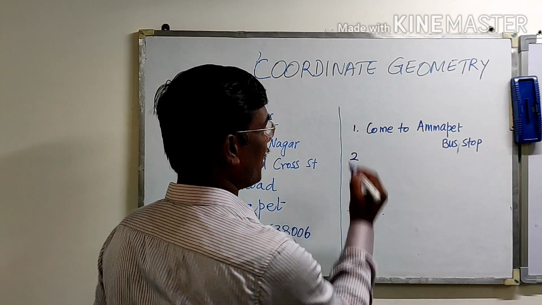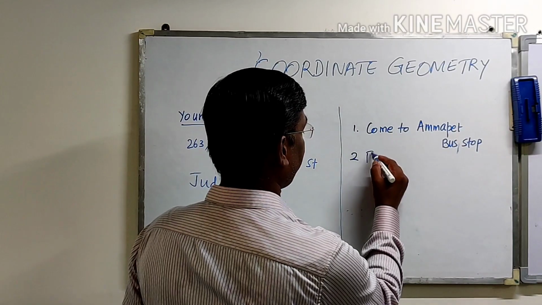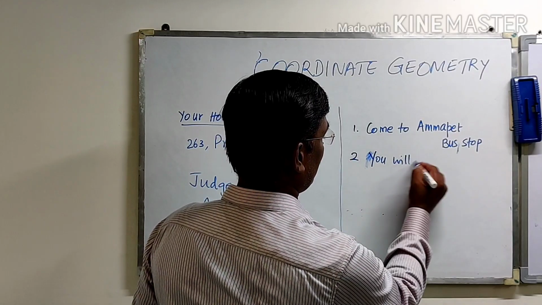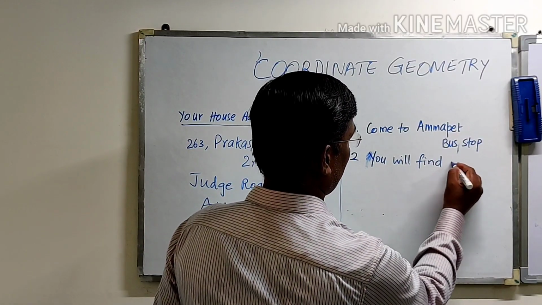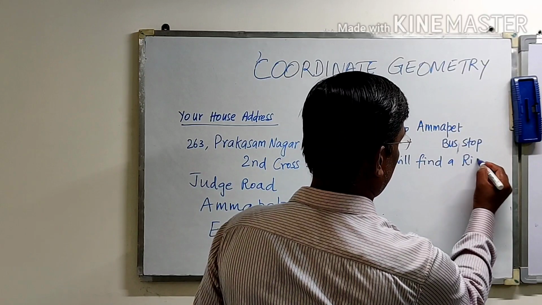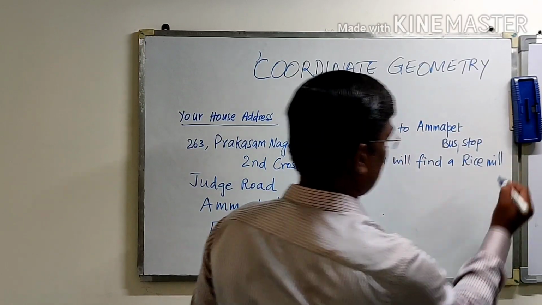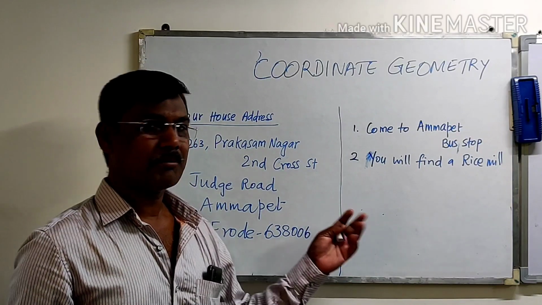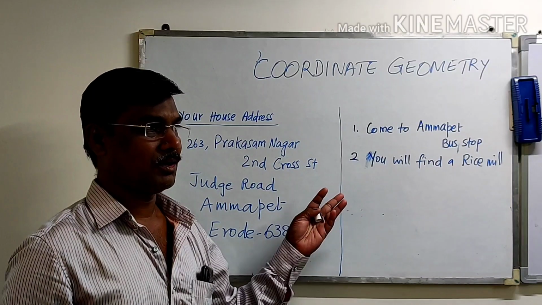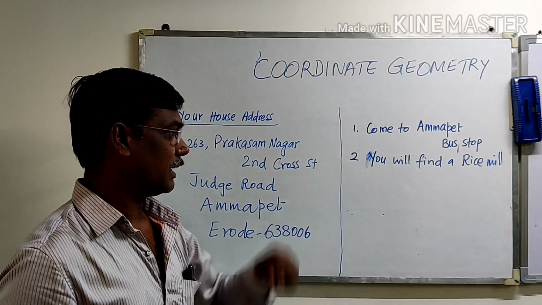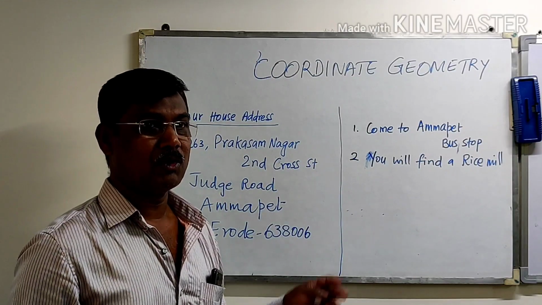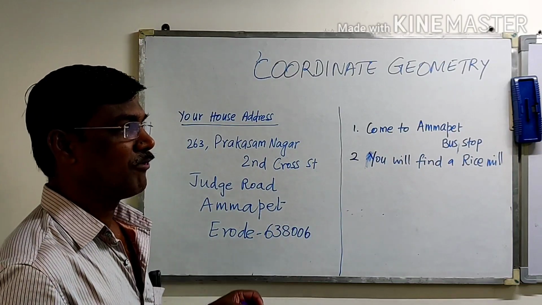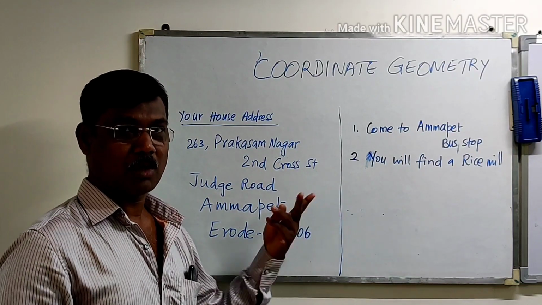The another landmark you will give, so you will find a rice mill, or you will give a landmark of some important building or important monument, something. So you will find a rice mill, you will find a mosque, or you will find a church, or you will find a grocery shop, something.